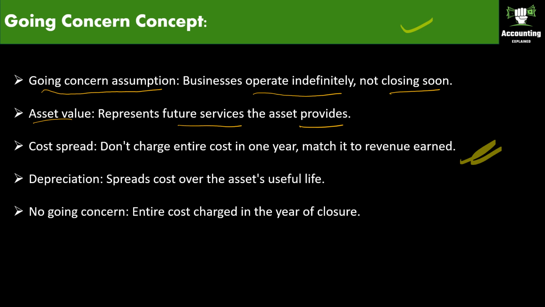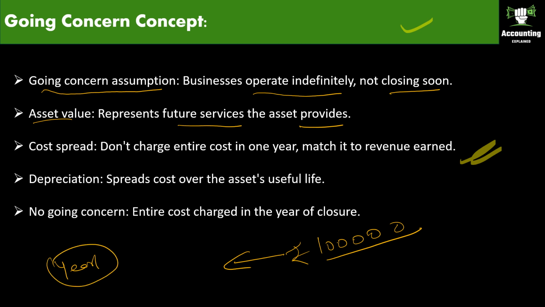What is that? We cannot take the cost of the tea making machine directly to 1 year, as we saw with the rent. Similarly, if the cost of the machine is rupees 1 lakh, we cannot take it directly to the year in which we bought it.